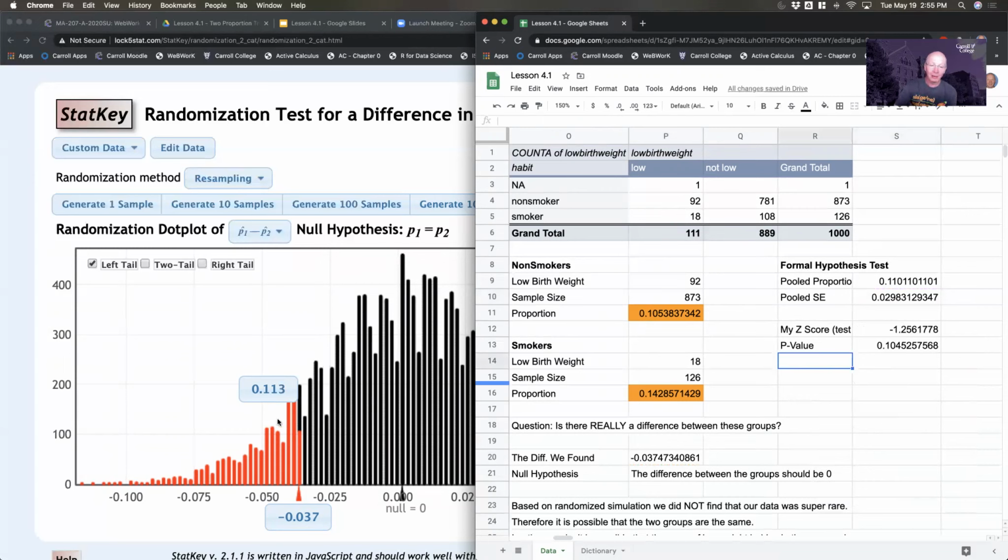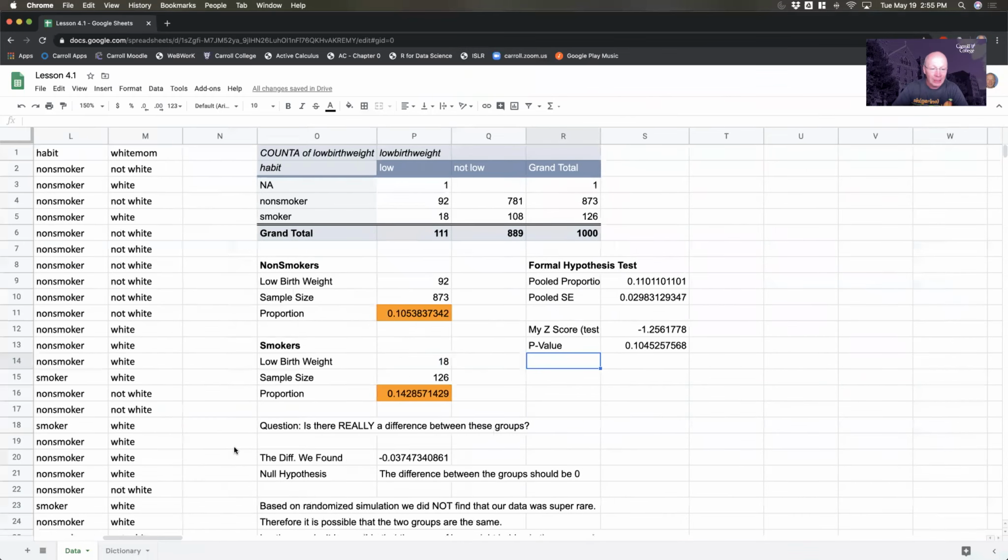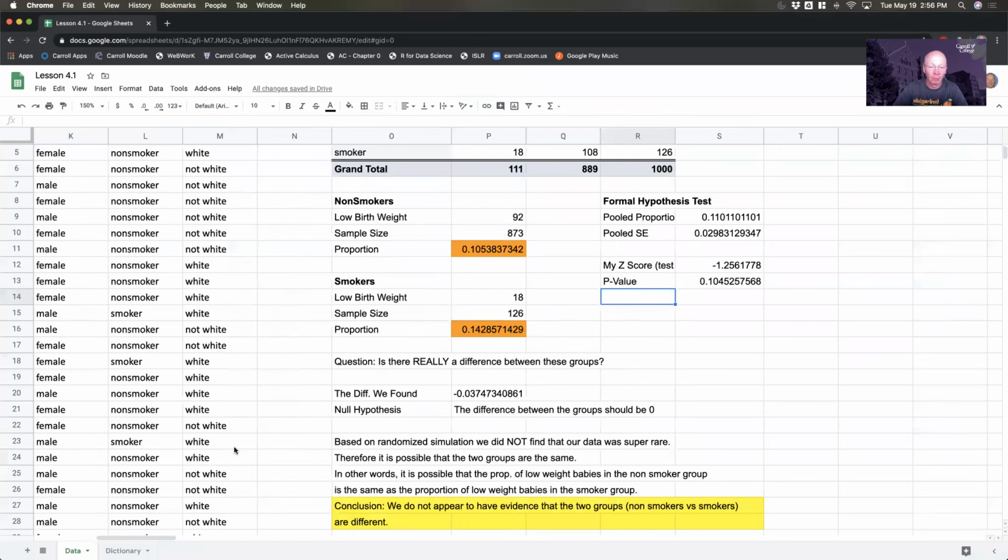Now, the randomized simulations will not be as close as what we saw for the single variable. That's okay. We're still in the same ballpark, and we still get exactly the same conclusion that we had before.